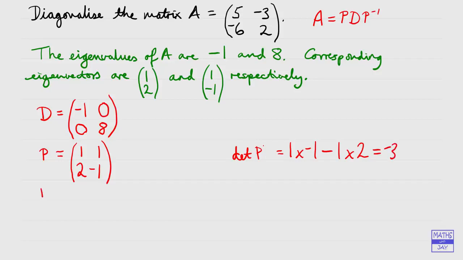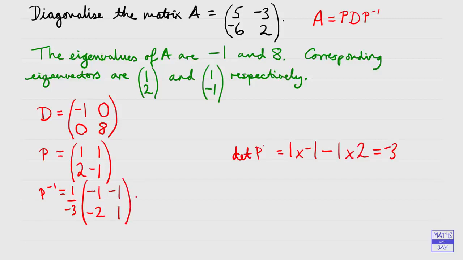So the inverse of that matrix P is going to be 1 over the determinant, so 1 over -3. And then we'll swap around the elements on the main diagonal. So that's going to be -1 and 1 there. And then change the signs of the 1 and the 2. So that's our inverse matrix.